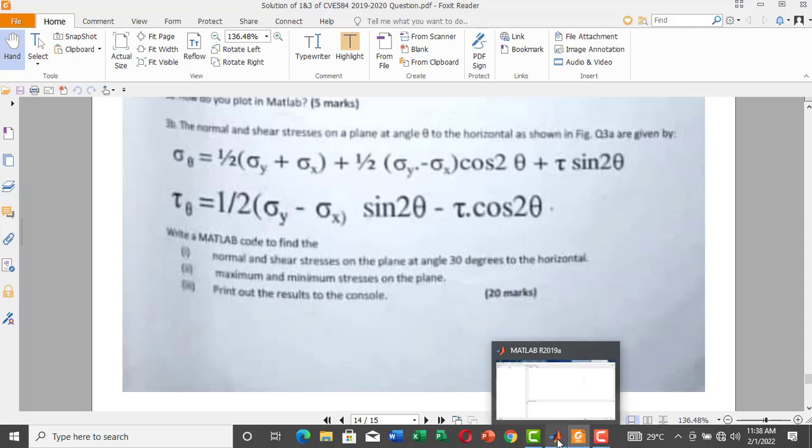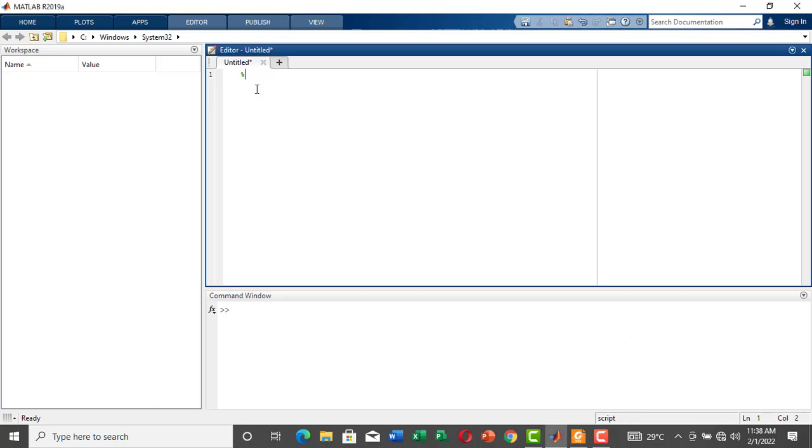So I'm going to write that: determination of normal and shear stresses at 30 degrees. I don't have the degree sign, so I'll just write it as a word.